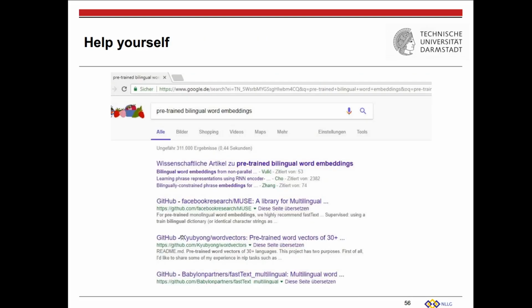And of course, the important thing is, now we have seen a couple of embeddings, syntactically based embeddings, semantically based embeddings, bilingual embeddings, etc. What are you going to do if you look for your own embedding model in your own language? You should always check out the latest state of the art by just Googling, right?